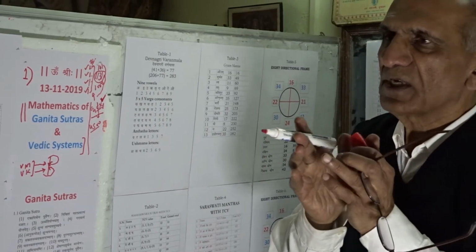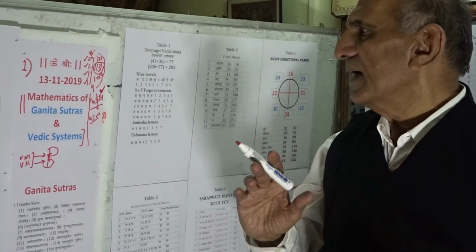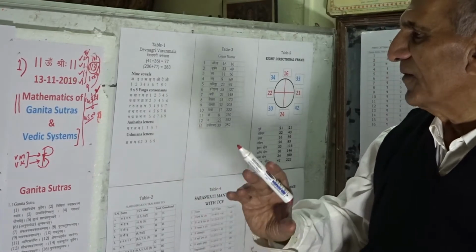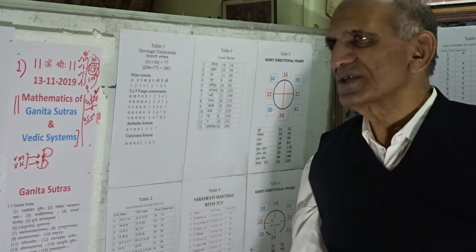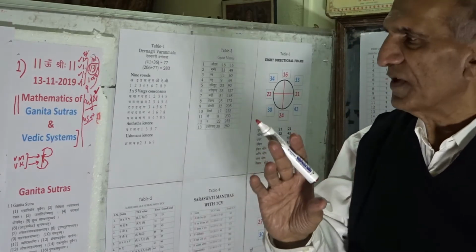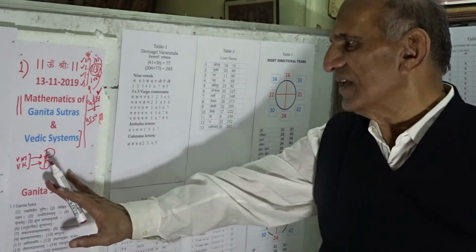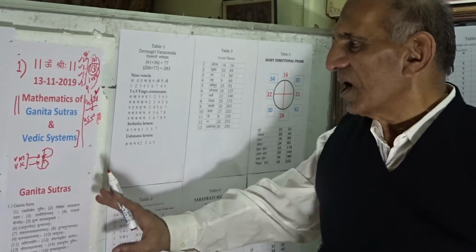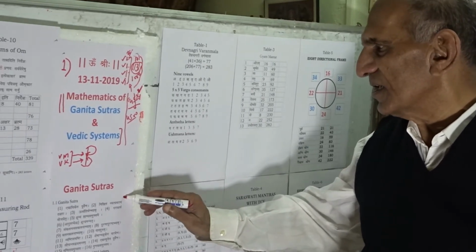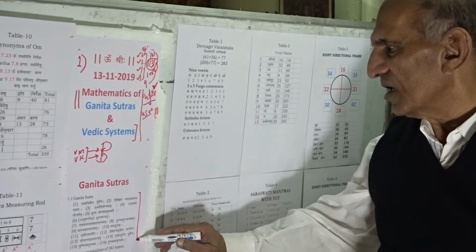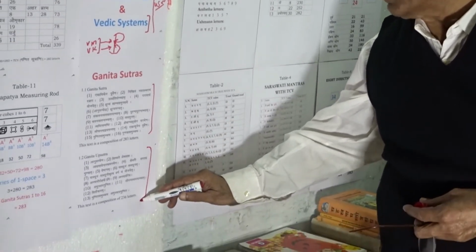Swami Bharati Krishna Tirtha Ji Maharaj, Shankaracharya, was confronted with the situation that some of the Western scholars were of the view that though there is a mention as Vedic Sutras, this text of 16 Ganita Sutras and 13 Upasutras cannot have any valuable mathematics.